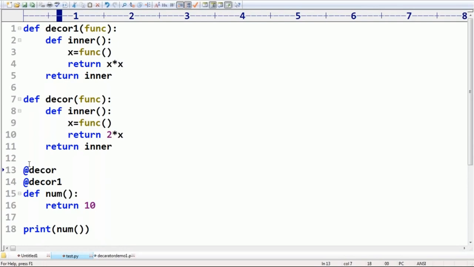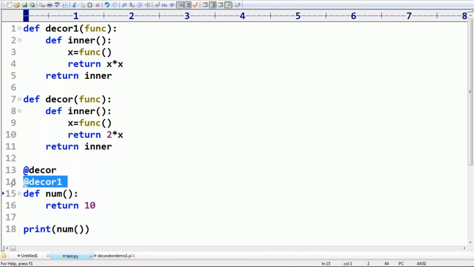Which decorator is going to execute first? @decor, the first decorator. It is going to double its value. Return 2 into x means double its value.